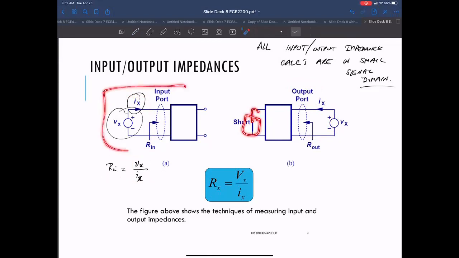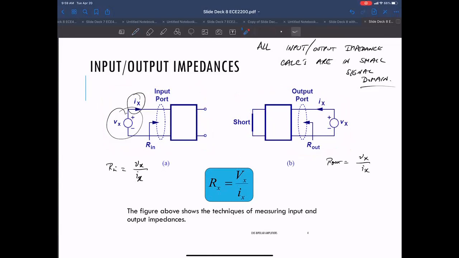Notice here, we did not short the output. We left it open in our analysis. But in the case of the output port, you have to remember to short the input together. And then you put your voltage source here, measure the current. And again, R out ends up being V sub X over I sub X.